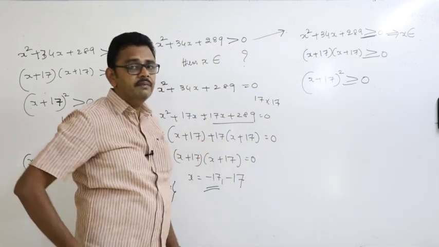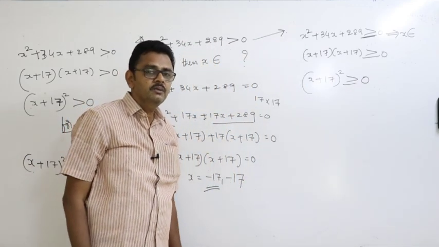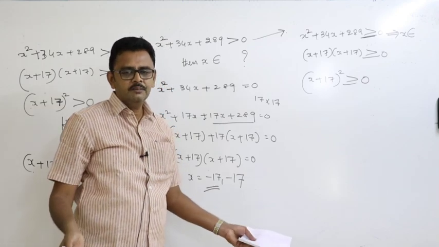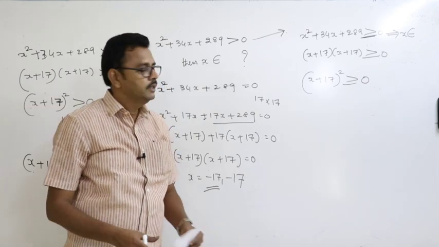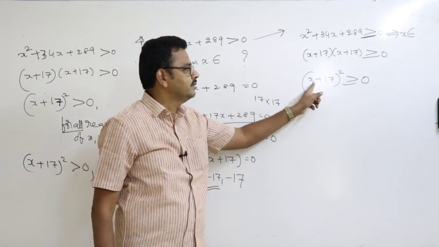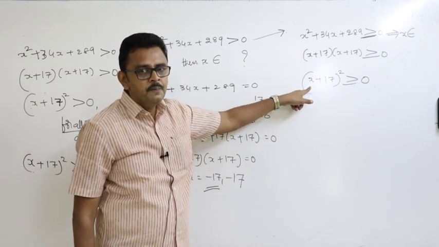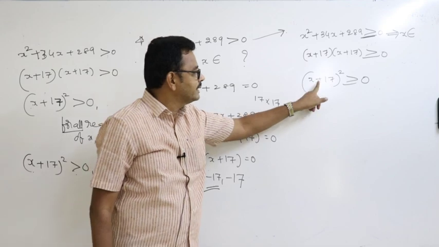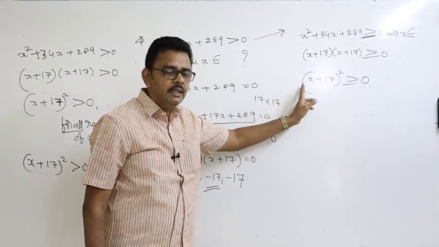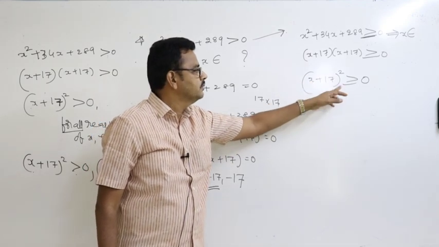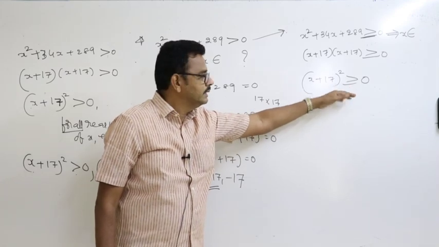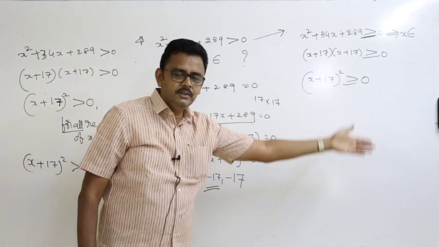For what values of x is it greater than or equal to 0? For every value of x, including minus 17. If I write x is equal to minus 17 plus 17, 0. Greater than or equal to 0 means it is 0 or greater than 0.